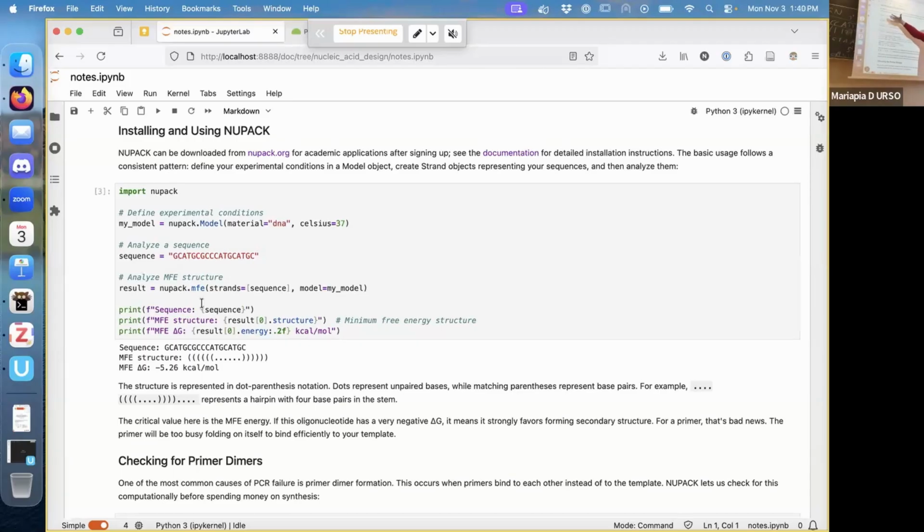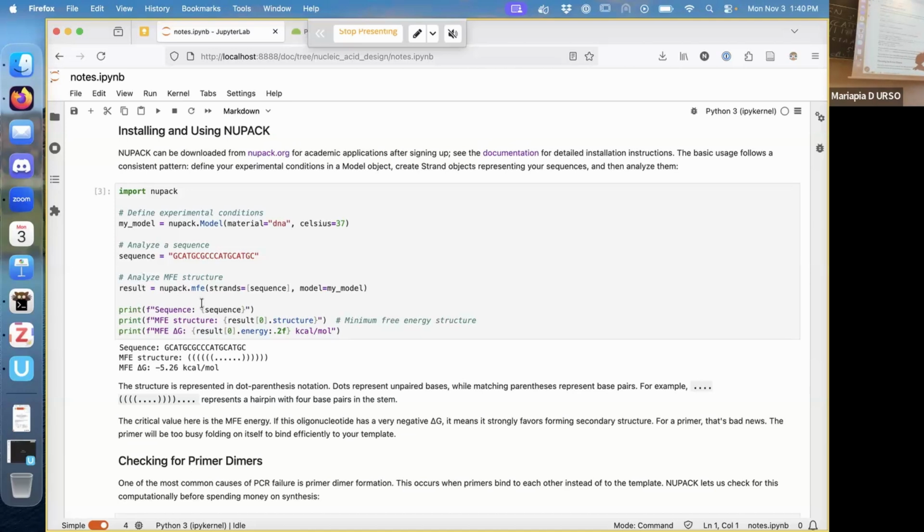So here once we install it, we can import NUPACK, and then we have the sequence here. Let's say this sequence we want to analyze. And we say, okay, this is a piece of DNA, it's 37 degrees Celsius. And then it can do a few things. And the most basic thing it can do, it can tell you what's called the MFE structure, the minimum free energy structure.